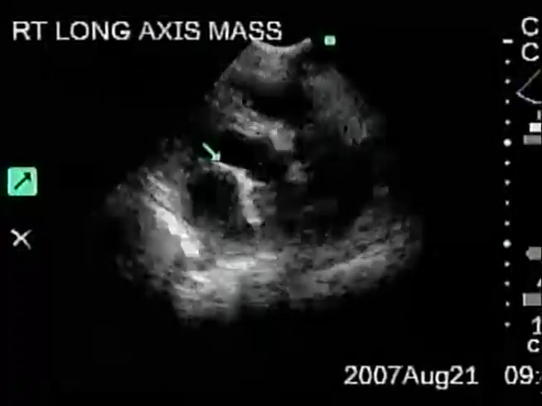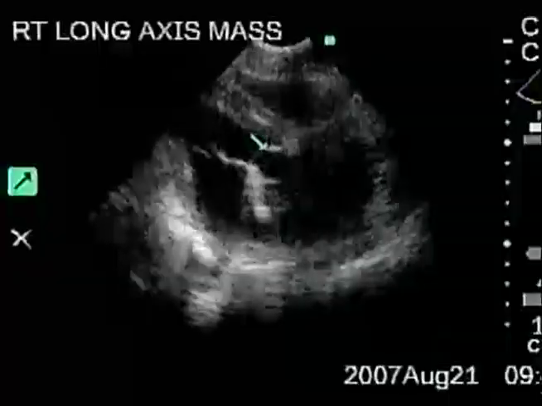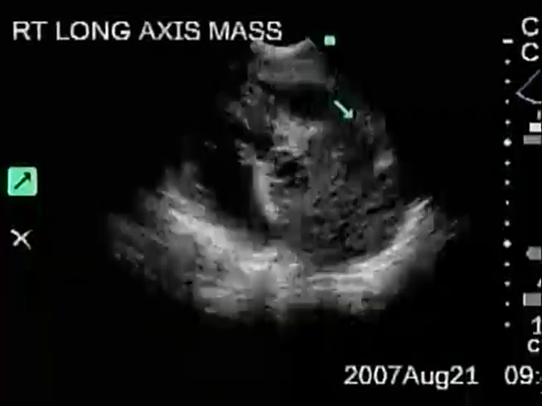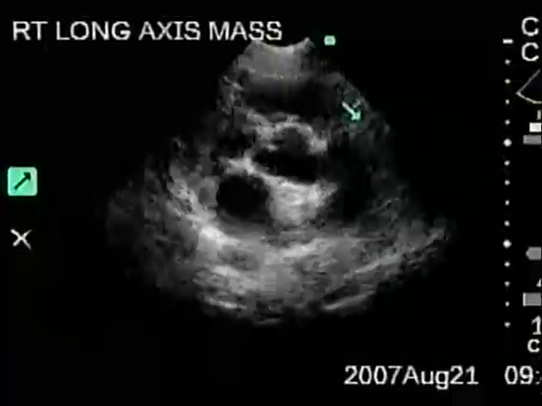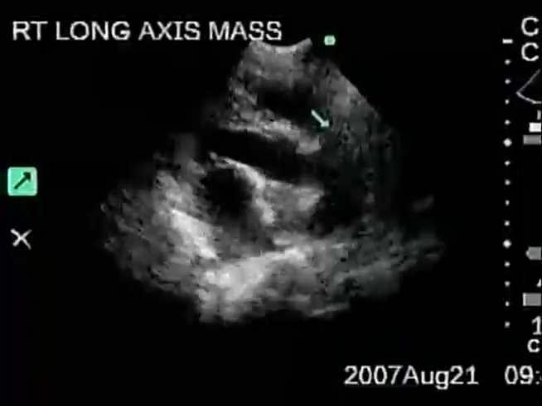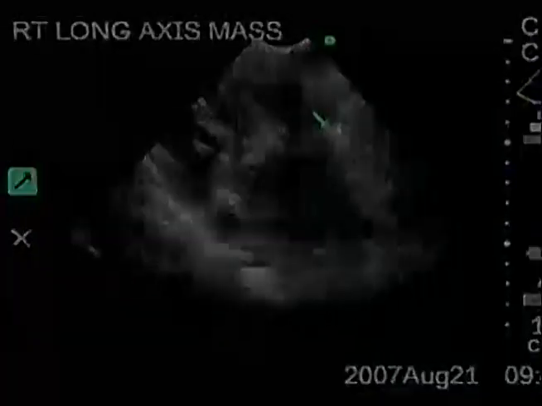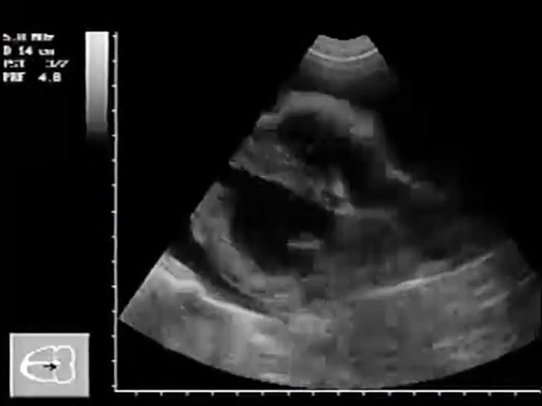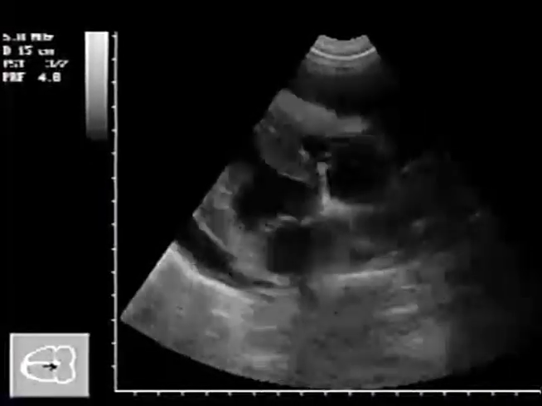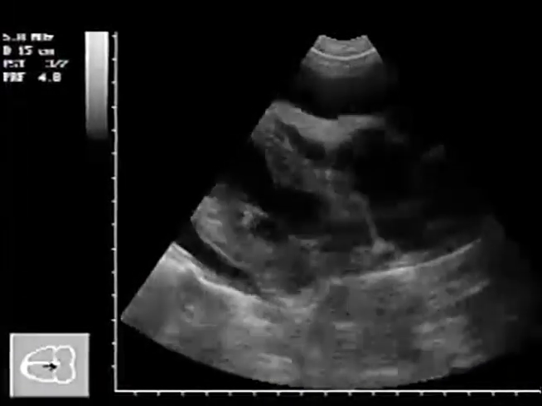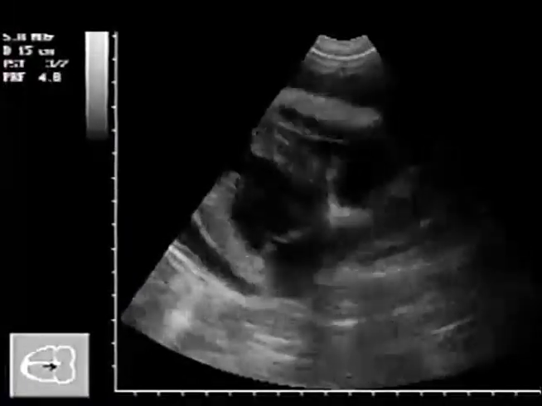This 7-year-old boxer has a large mass in the left atrium. This dog with severe pericardial effusion has cardiac tamponade. Note how the right atrium and right ventricle collapse and contribute to right-sided congestive heart failure.